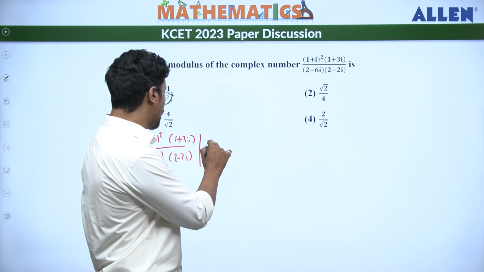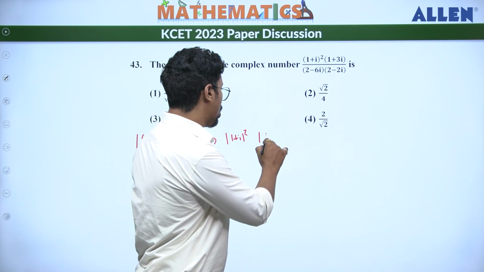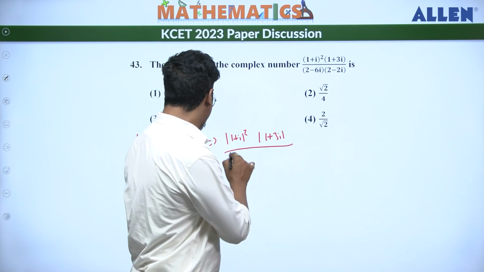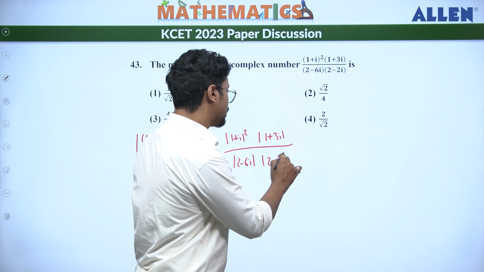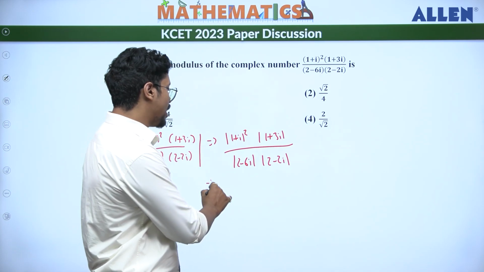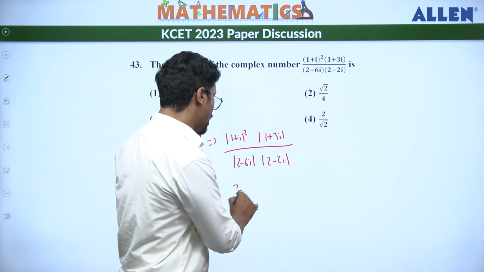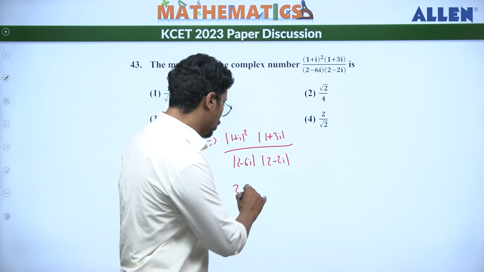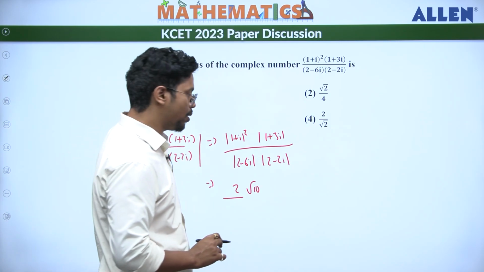Using the modulus property, we can solve it very easily. The modulus will be the same as mod of (1 plus iota) whole square into mod of (1 plus 3 iota) divided by mod of (2 minus 6 iota) into mod of (2 minus 2 iota). Now, mod of 1 plus iota is root 2, whole square will be 2, and mod of 1 plus 3 iota will be root 10, and mod of 2 minus 6 iota will be equal to how much?